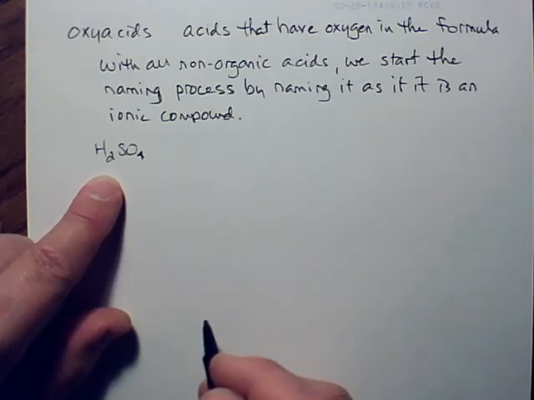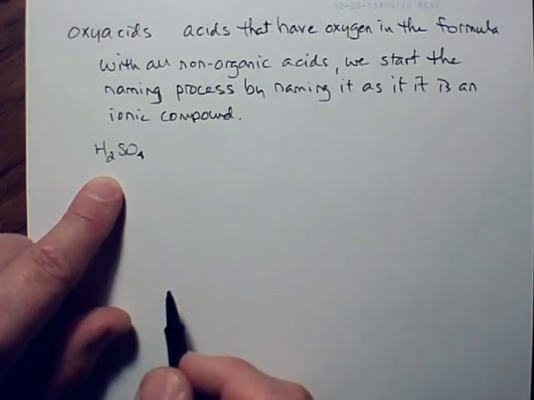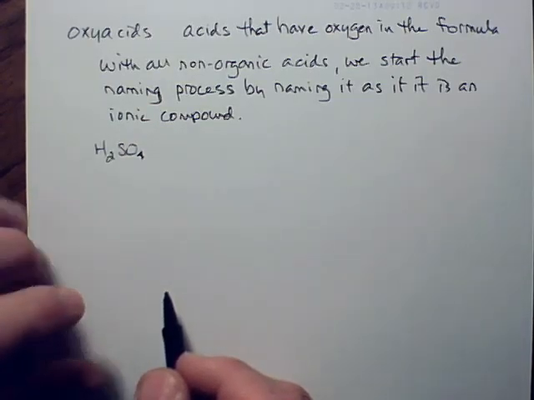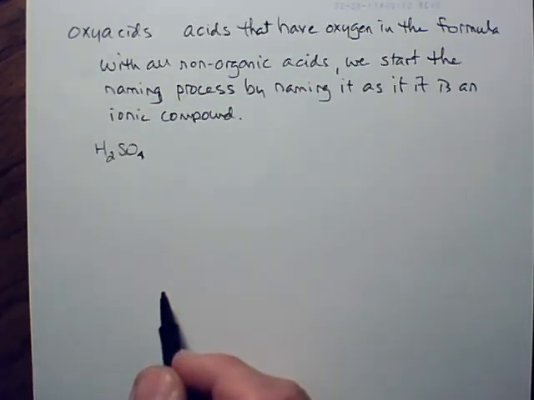It has more than two elements. If it has more than two elements, where do we start? By naming it like an ionic compound. What is the rule for naming ionic compounds when you have more than two elements?